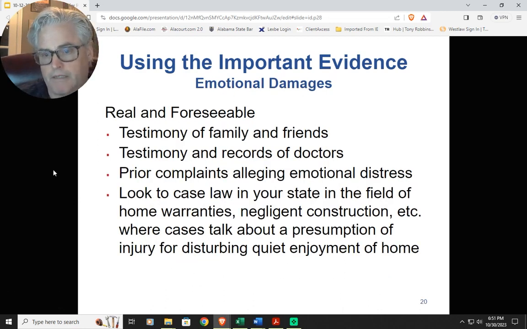So when we talk about the way we prove the reality of the emotional distress damages, again, my favorite way to demonstrate how serious this is is through the testimony of family and friends. It's essentially unimpeachable.